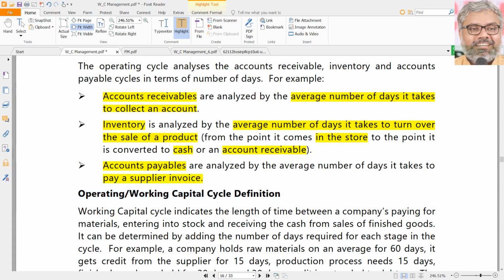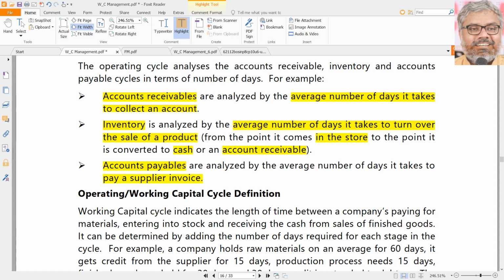Again, on an average, the accounts payable payment period can be calculated, which is once again nothing but 360 or 365 divided by creditors turnover ratio. So numerator 360 or 365 divided by accounts receivable turnover ratio gives us the collection period, divided by inventory turnover ratio gives us the holding period, divided by creditors turnover ratio gives us the average payables payment period.